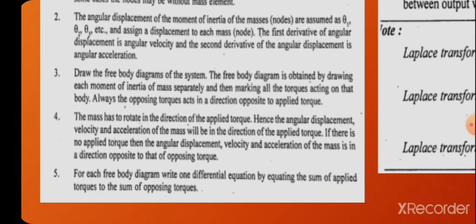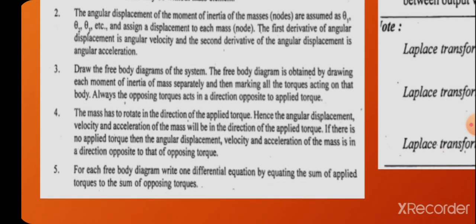And in the fourth step, the mass has to rotate in the direction of the applied torque, hence the angular displacement, velocity and acceleration of the mass will be in the direction of the applied torque. If there is no applied torque, then the angular displacement, the velocity and the acceleration of the mass are in the direction opposite to that of the opposing torque. When we are drawing the free body diagram, there is a direction pattern: the rotational displacement is in the direction of the applied torque.